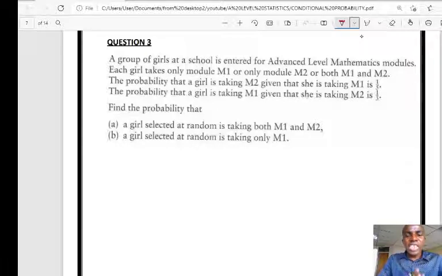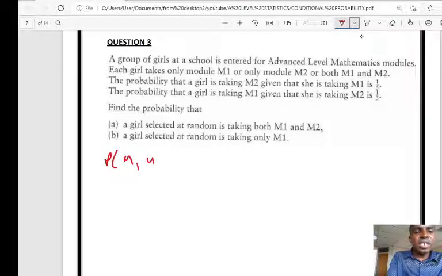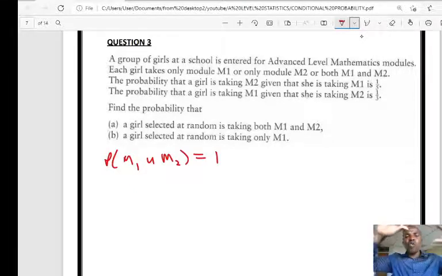These are called exhaustive events. So events M1 and M2 form the universal set, which means the probability of M1 union M2 is supposed to give you 1. These are exhaustive events from that statement.